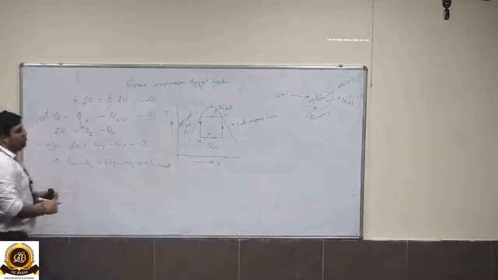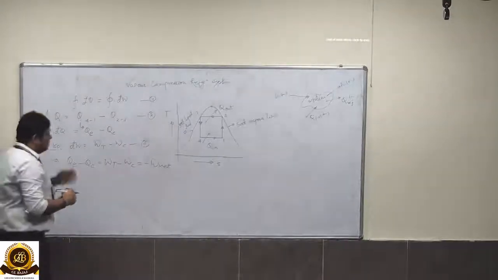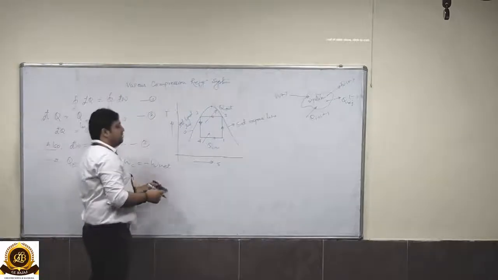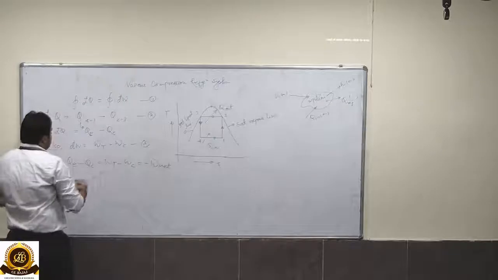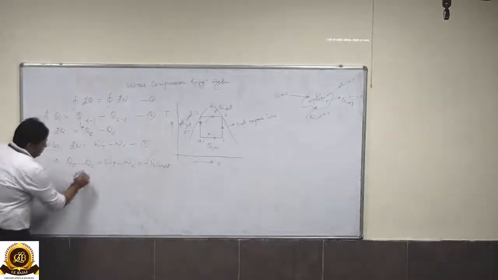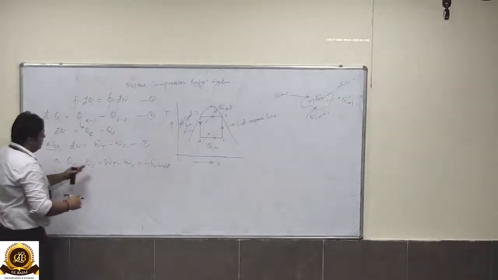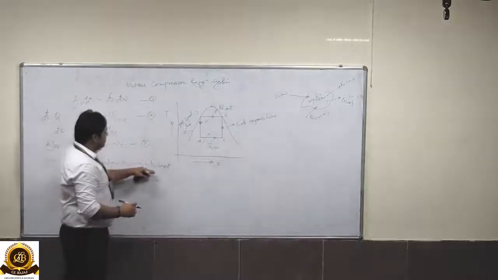What is W net? W net is the overall network which is being given as an input to the system. So we have this formula: QE minus QC is equal to WT minus WC, that is W net.